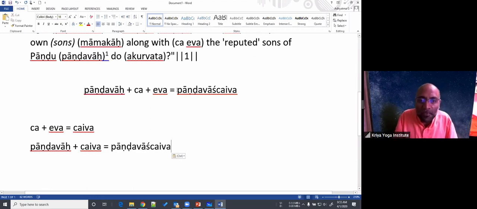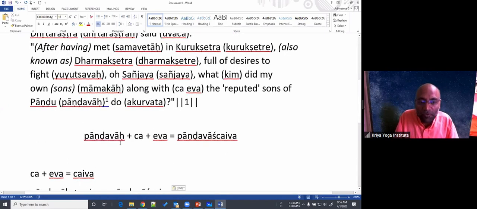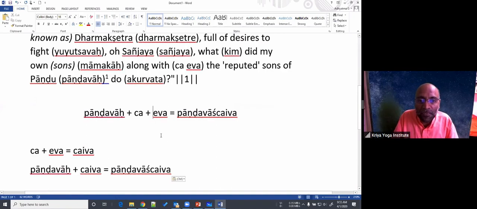Now this Sandhi takes place only because these words are one after another. As I told you, Sanskrit is a free word order language. So I could potentially put these words in a different place, and then there will be no Sandhi. You would actually have different words. Sandhi just happens. They are independent words.